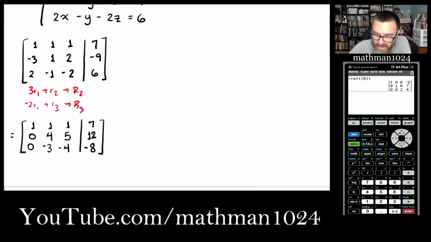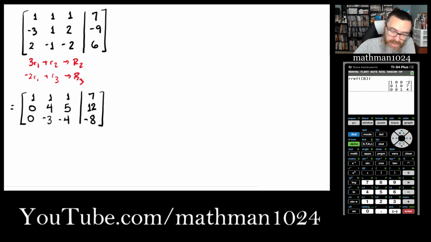So why don't I just do that? Let me just combine those guys and say, let's do row 2 plus row 3, and we're going to replace row 2 with that. It'll be a lot easier than dealing with a bunch of fractions, because I've already done all the fraction stuff.